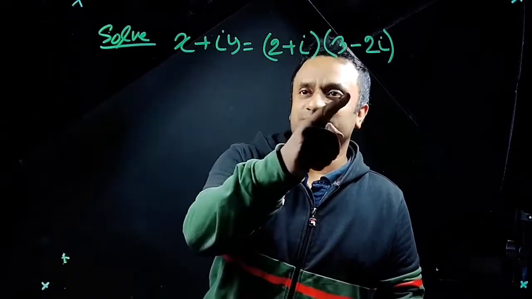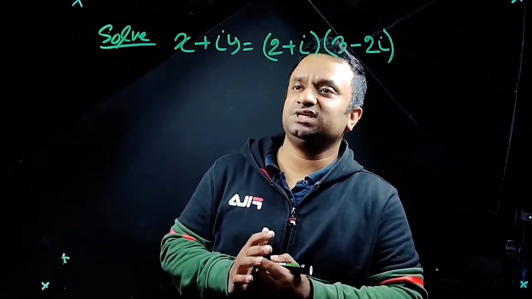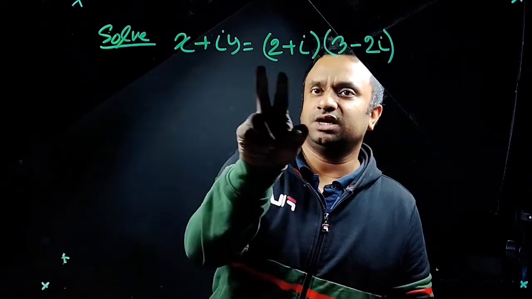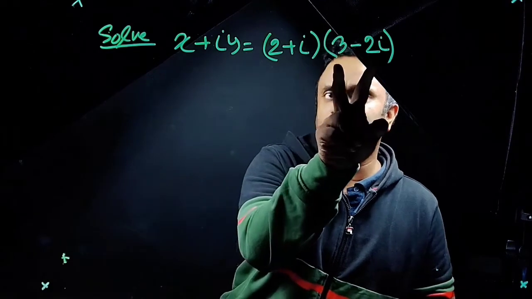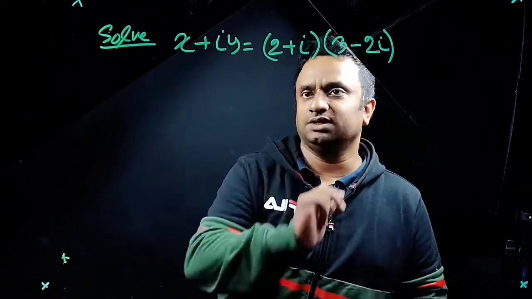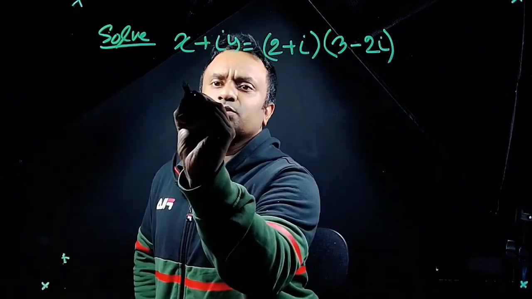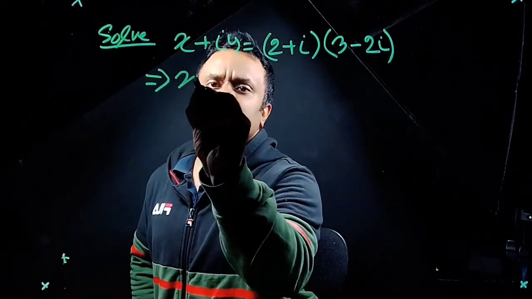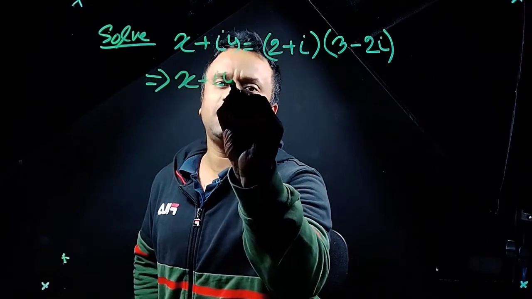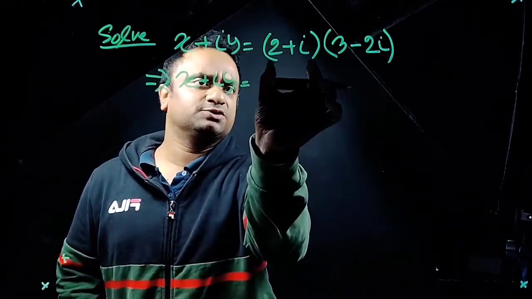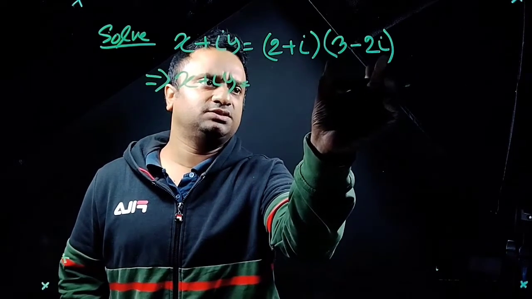Now we need to solve this equation. So here again we see we have got three complex numbers, x plus iy, and then 2 plus i multiplied by 3 minus 2i. So what do we need to do? We can write it as x plus iy. Now we finished the multiplication here because 2 plus i is multiplied by 3 minus 2i.